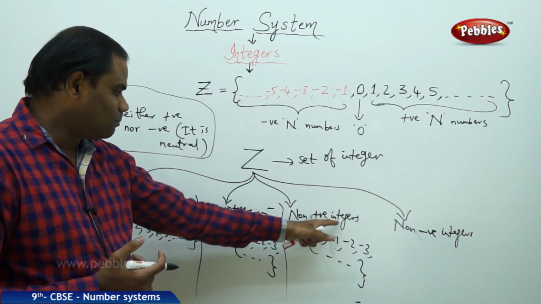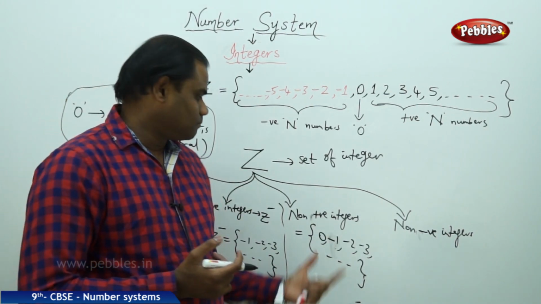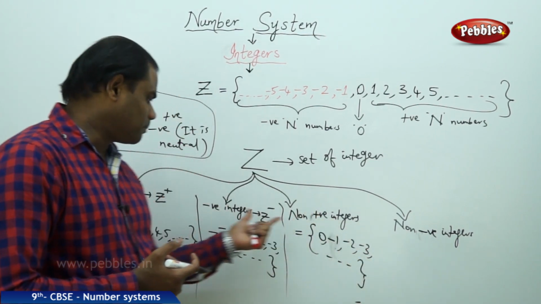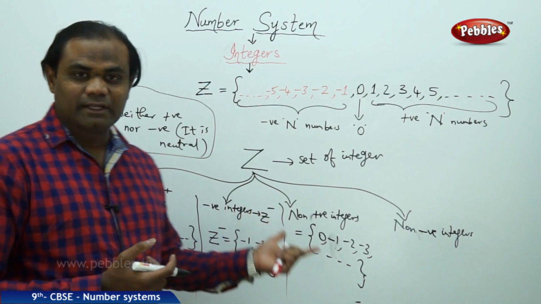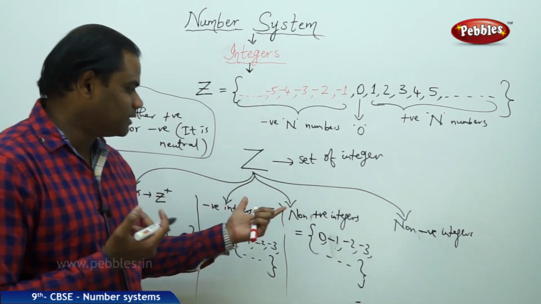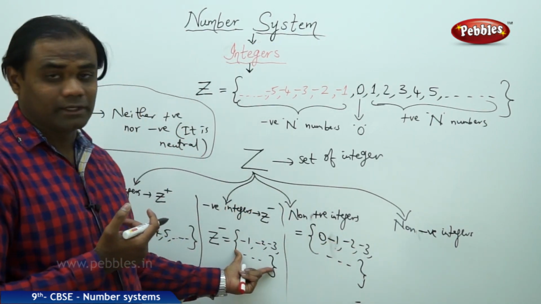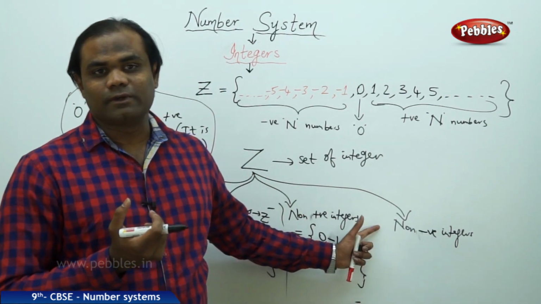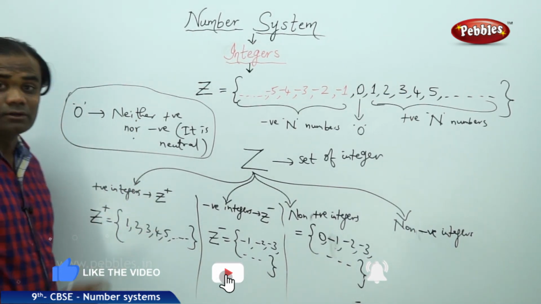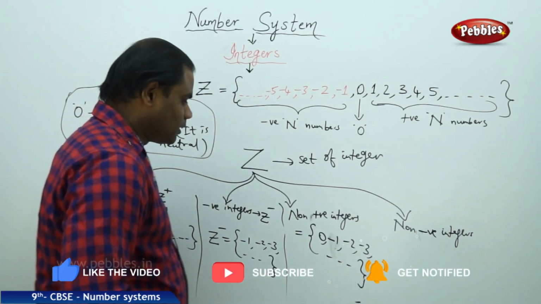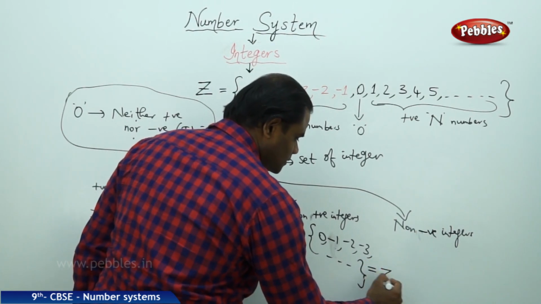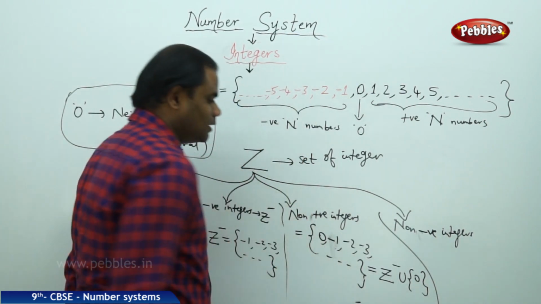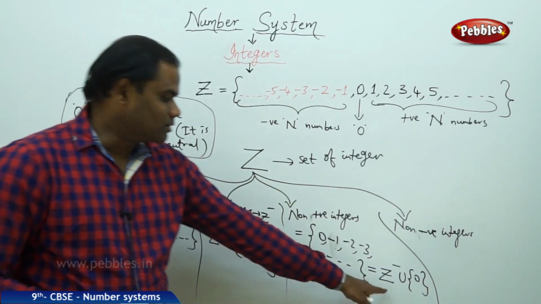As compared to the negative integers, we clearly understand that the non-positive integers are nothing but the set of negative integers including 0, because 0 is neither positive nor negative. And therefore, I write this as all the negative integers including 0.